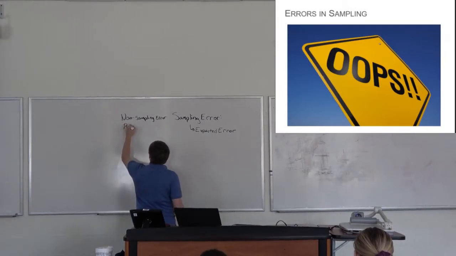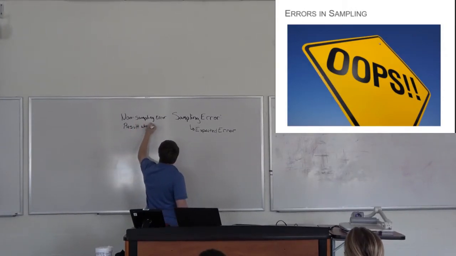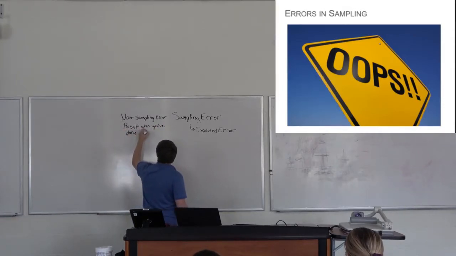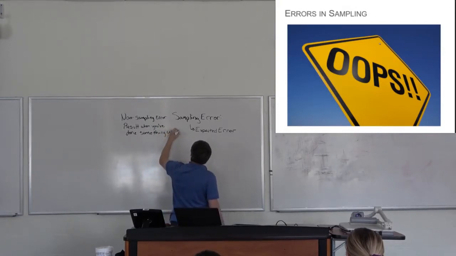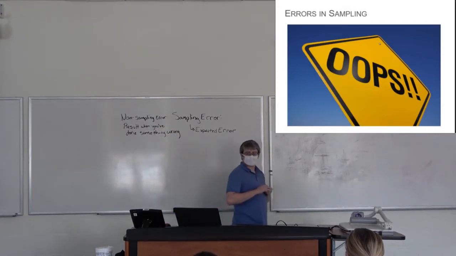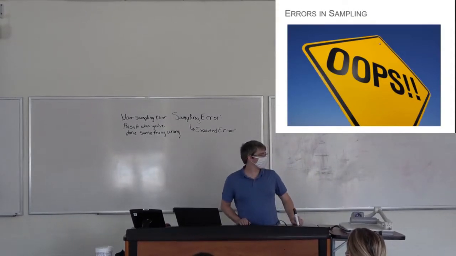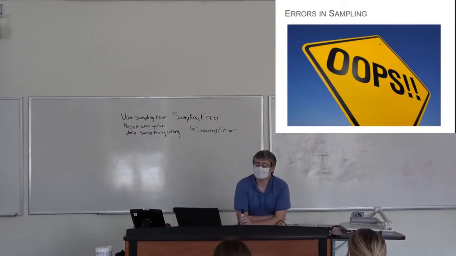So can anybody think of one example of a non-sampling error? Can anybody provide me an example? Like for systematic sampling, if you just count wrong.